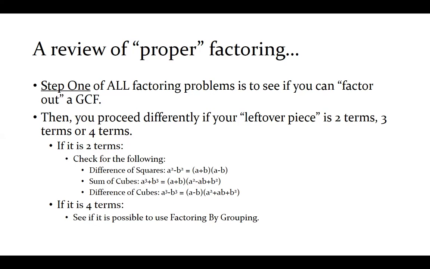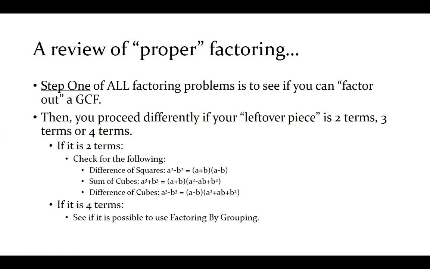That should be the very first thing you always look for. But once you've factored out the GCF, that does not mean that you're done. You get a leftover piece. Or sometimes there is no greatest common factor to factor out, so you're still left with what you started with. And you have to decide, can I factor this further?